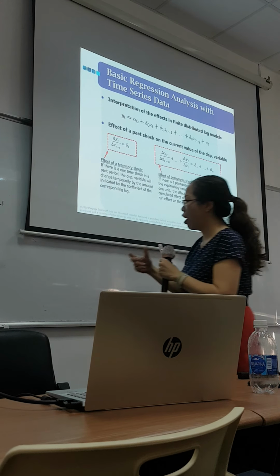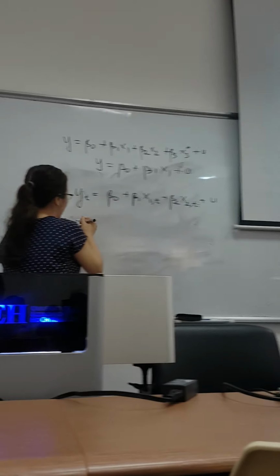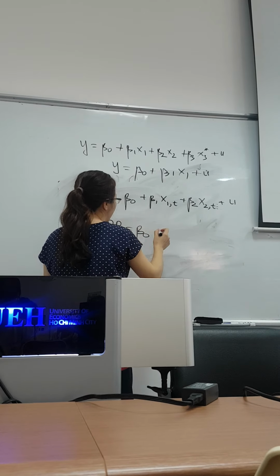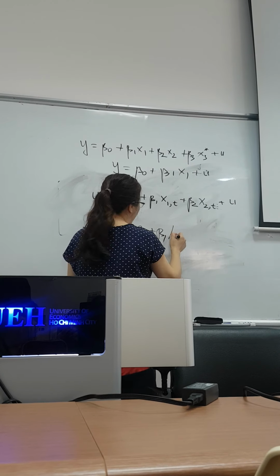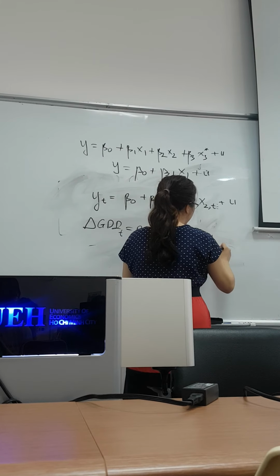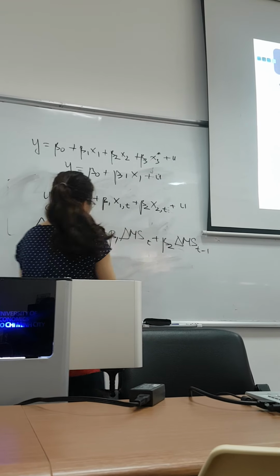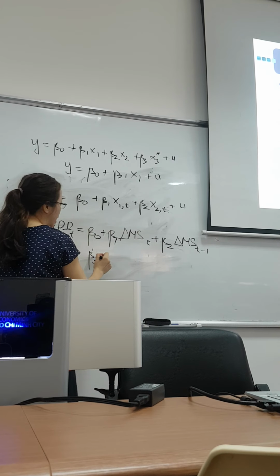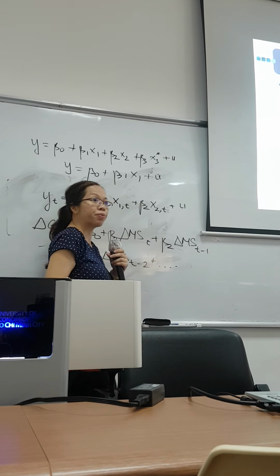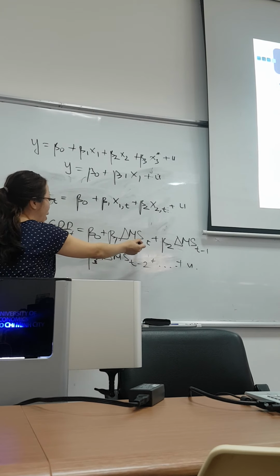So I've got here the growing GDP, equal to beta 0 plus beta 1 times the growth in money supply at t, and then beta 2 times the growth in money supply at t minus 1, and then beta 3 times the growth in money supply at t minus 2, plus u. So this is how I studied the effect of money supply on GDP.